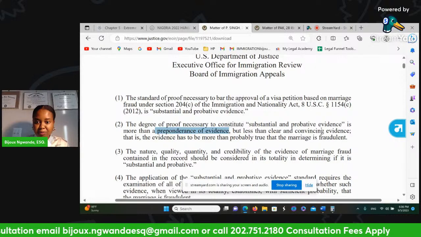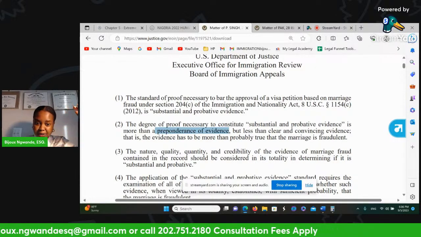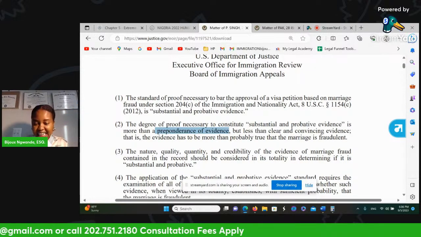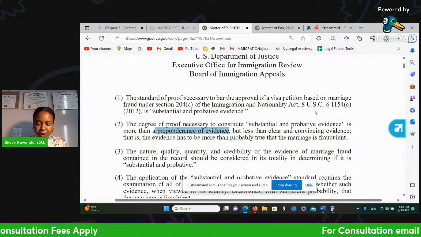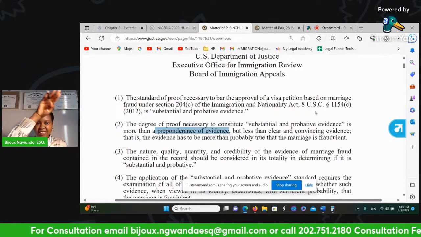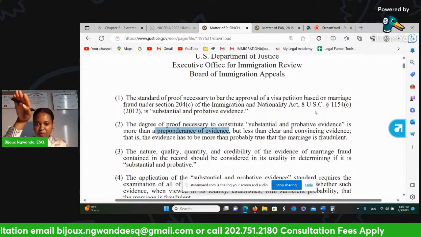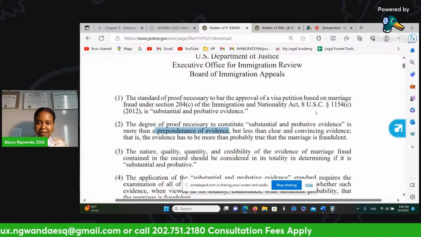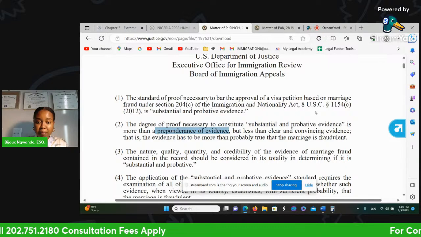Substantial and probative is a little bit higher, but less than clear and convincing evidence. It's pretty much in the middle. Preponderance of evidence is just on the bottom, substantial and probative is here, clear and convincing is on the top. So if they have something in the middle, yes, they can make a determination of fraud marriage.